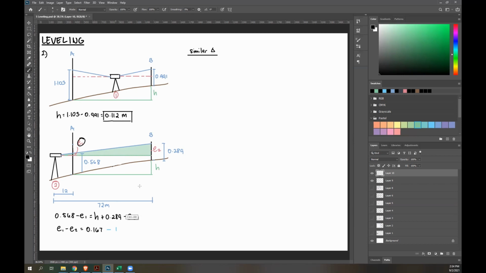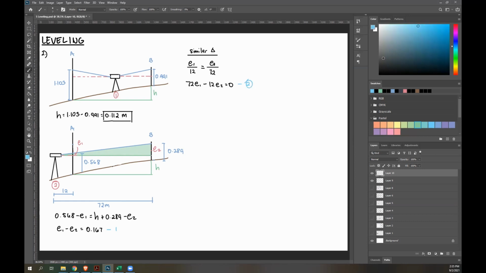Again, I want to use E1 and E2. So this side over this, which is equal to 12, is equal to this over the total base, which is 72. Okay, so 72 E1 minus 12 E2 equals 0. And that's your equation 2.